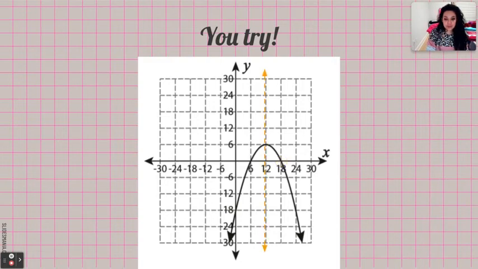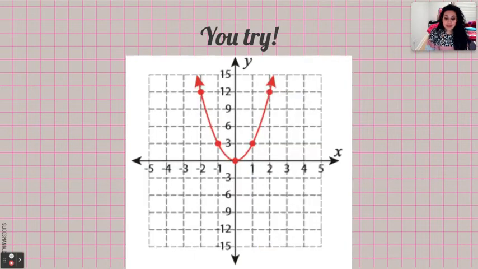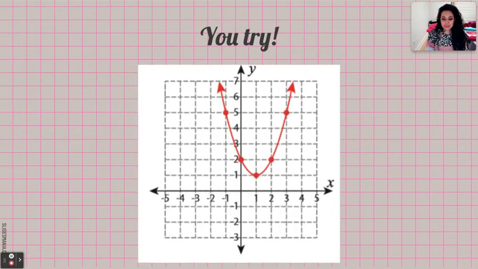What is that line referring to? Great. Now try this one. Answer a few questions on this parabola. And last, answer a few questions on this one.